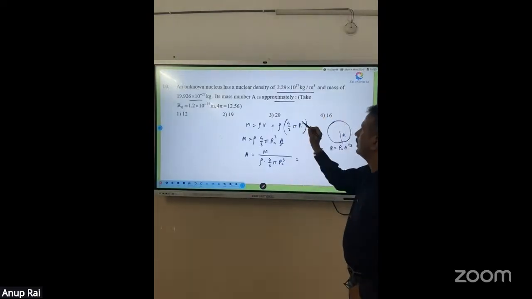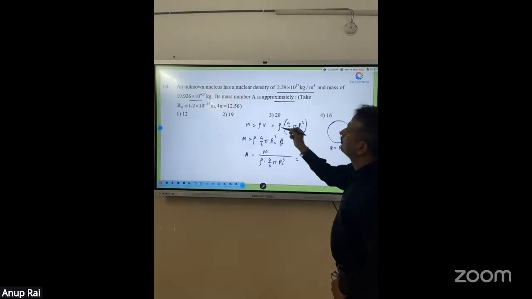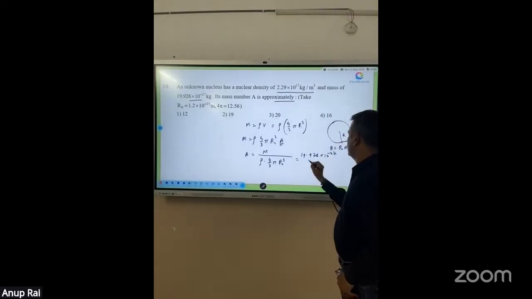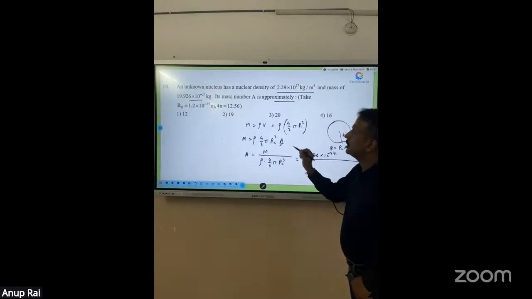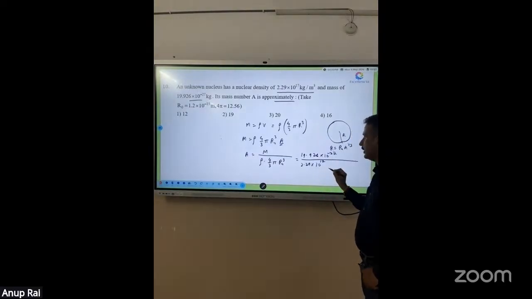You can put all the values. M is given to be 19.926 × 10^-27 kilogram. Density is 2.29 × 10^17. All are given in SI units, so no need to change any unit.